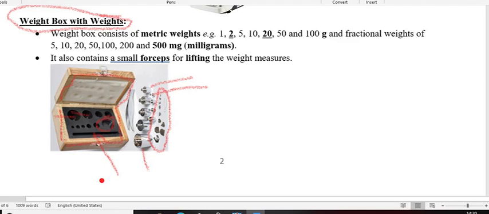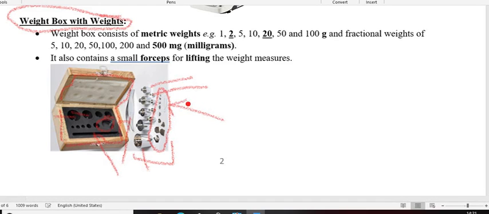So this is the forceps, and these two are the weights. This particular weight is in a small quantity, milligram, so milligram weights should be kept in the box, in one of these depressions or pits.